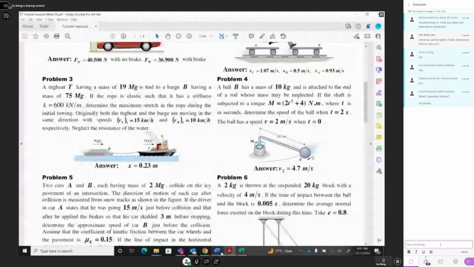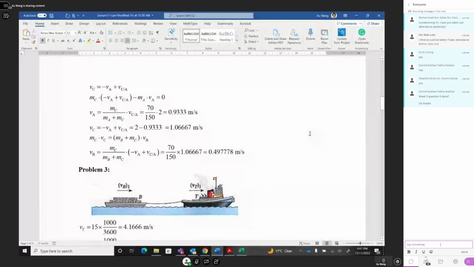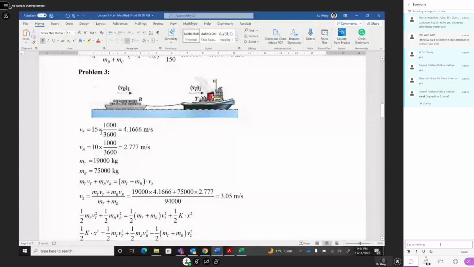So we just see this equation. So we have problem 3. First, we change these units to SI units. Multiply kilometer by 1,000, and divide hour by 3,600 to become seconds. So you get this VT and VB speed.